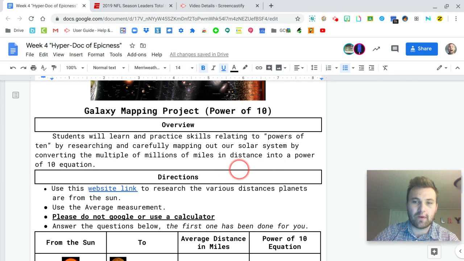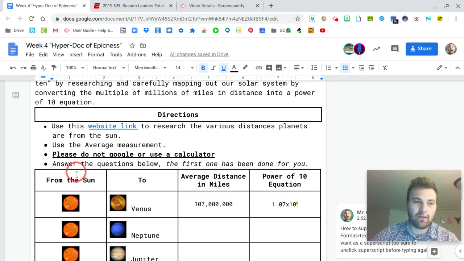You're welcome. Okay. So here's what's being asked. So distance from the sun to, and then the various planets. So from the sun to Venus is 107 million miles. Well, I've chosen to convert that into a power of 10 equation. So I've got 1.07 times 10 to the 8th power.